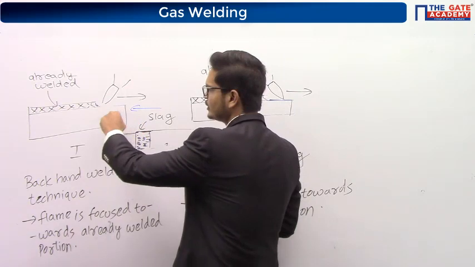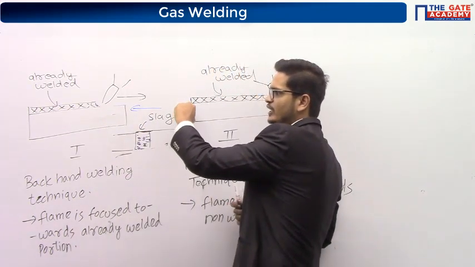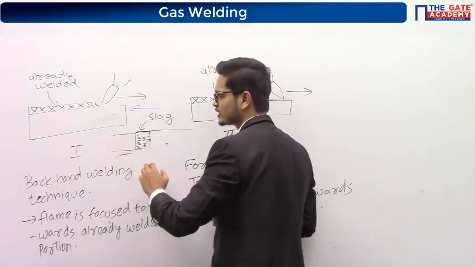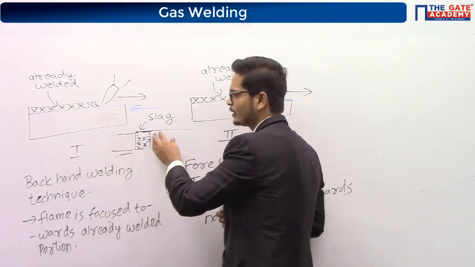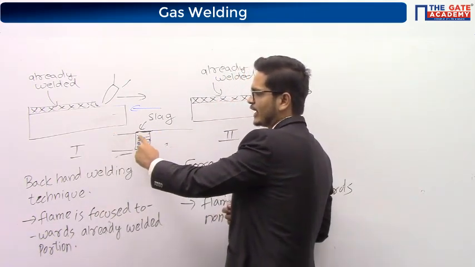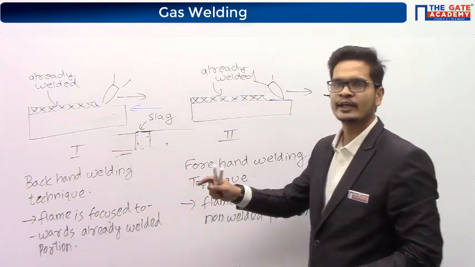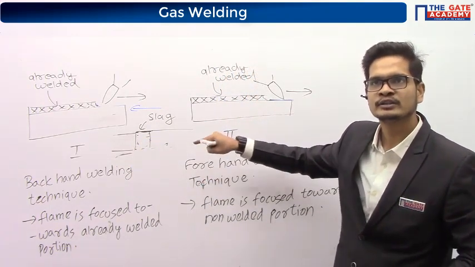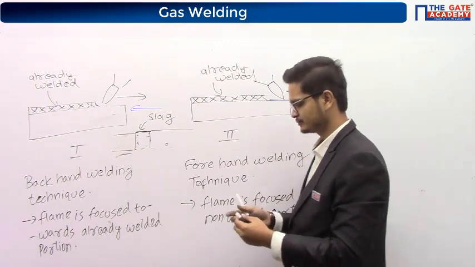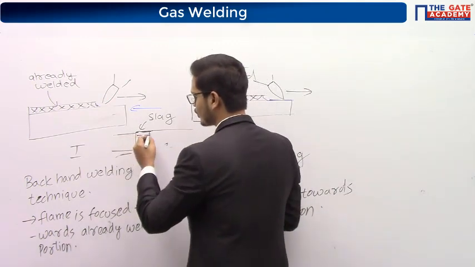So if you look at the metals from this side, what you will see is there are two plates, and in between the two plates, we have the molten metal. And on the top of the molten metal, the slag is floating.